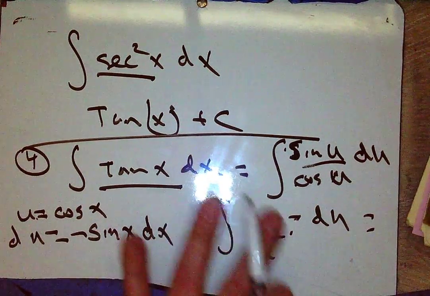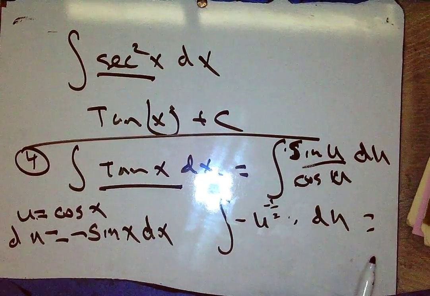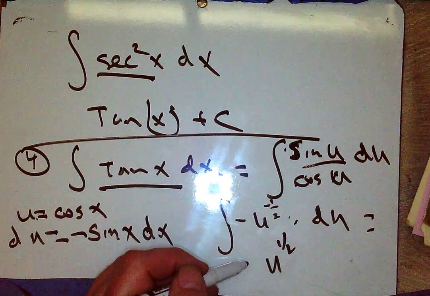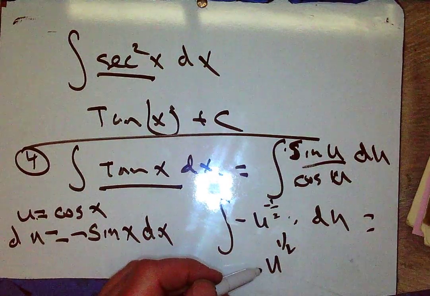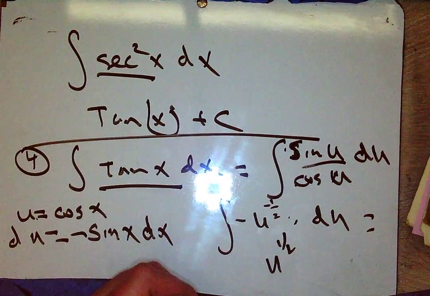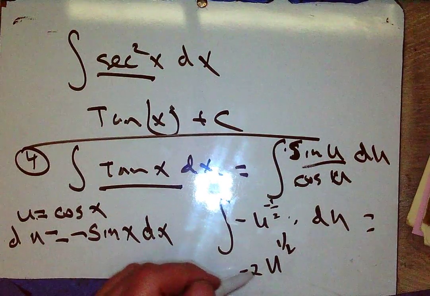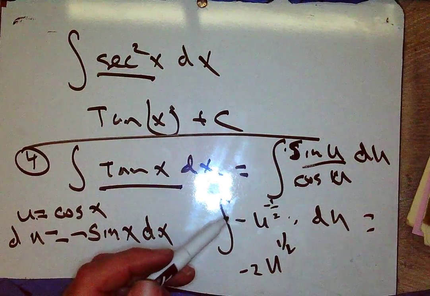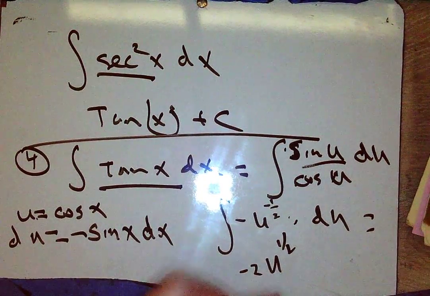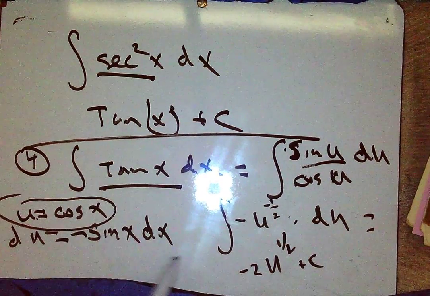What's my antiderivative here? Well, this is u to the minus 1/2 with that minus in front. So I want to say u to the 1/2. Bring down that 1/2, I have a 1/2, but no, it should have a negative 1. So what if I have a negative 2 here? Bring down that 1/2, negative 2 times 1/2. Yep, that's good. Do we need anything else here? Yes, we need the plus c, and we need to rewrite this so that we have x's.